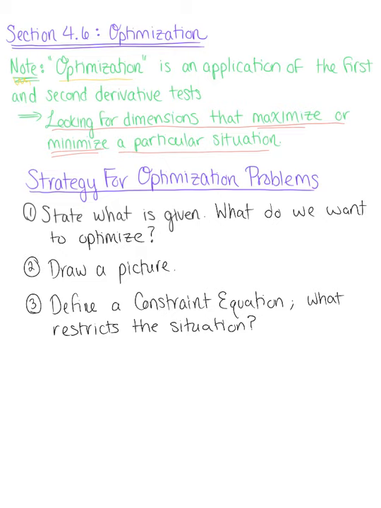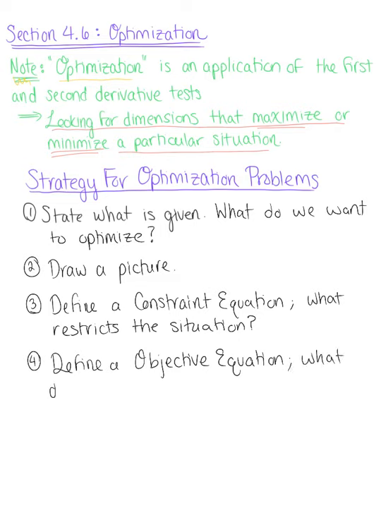Next, you want to think to yourself, what am I trying to do? What am I trying to find? So in other words, you want to define an objective equation. So what do we want to maximize or minimize?